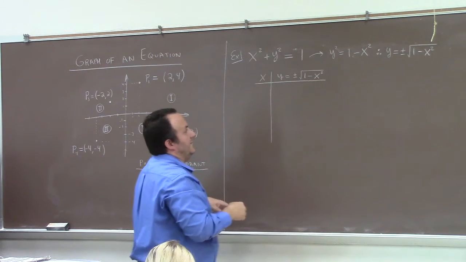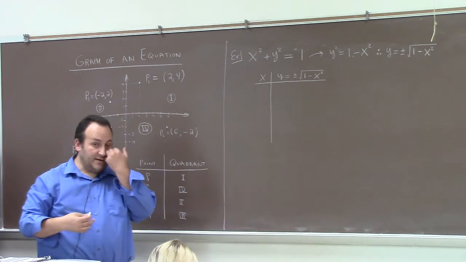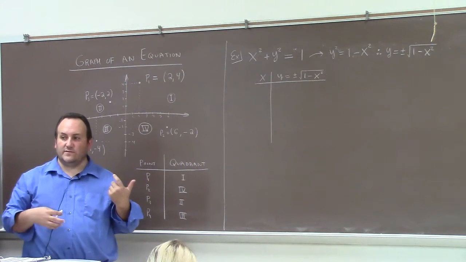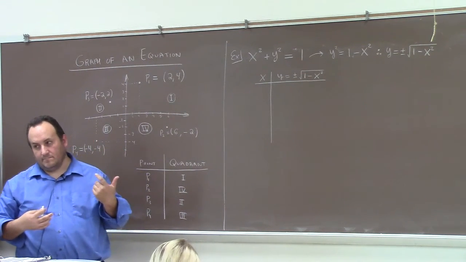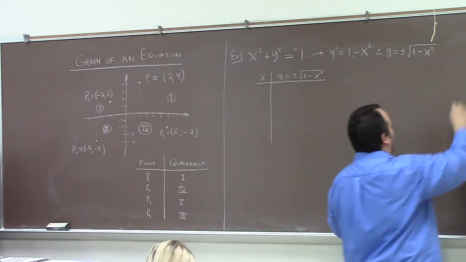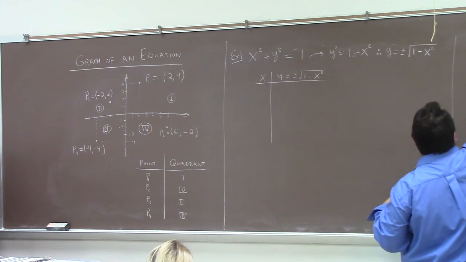Okay, so let's start thinking about it. What kind of values can we put in for x that will give us a real y? What if I put x equal to 2? What would happen?